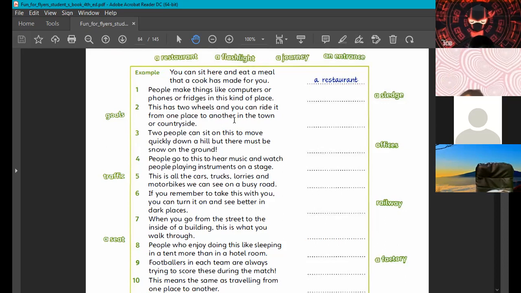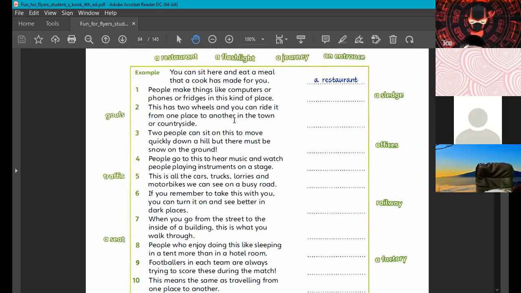Number 7, when you go from the street to the inside of a building, this is what you walk through. Number 8, people who enjoy doing this like sleeping in a tent more than in a hotel room. Number 9, footballers in each team are always trying to score these during the match.